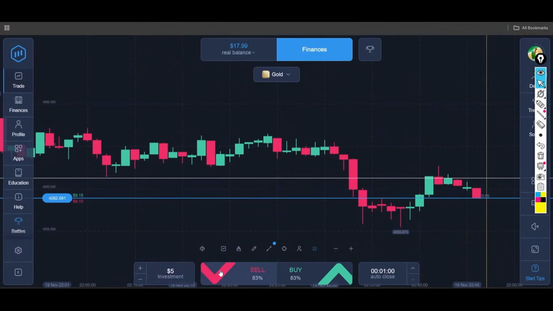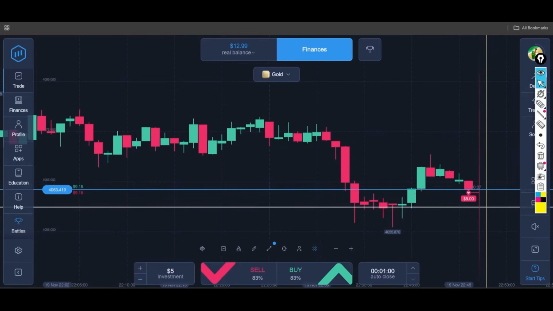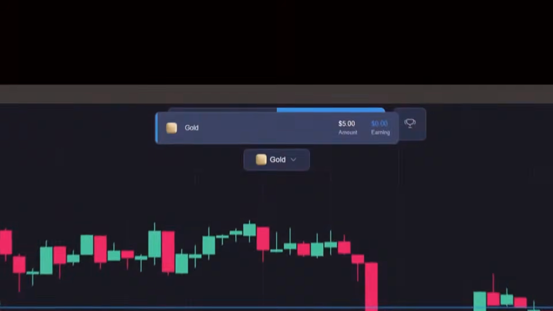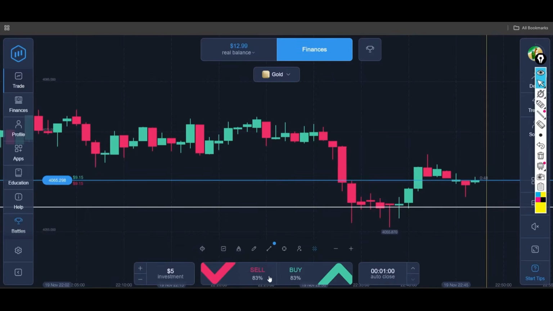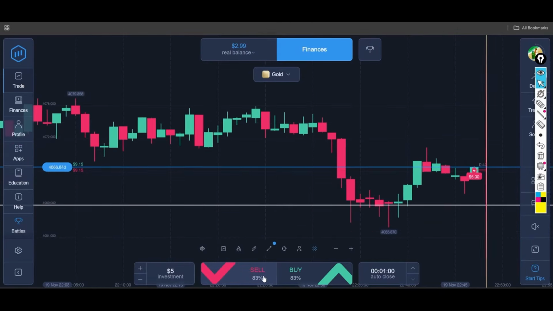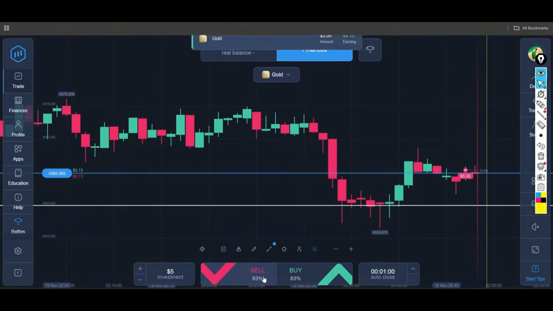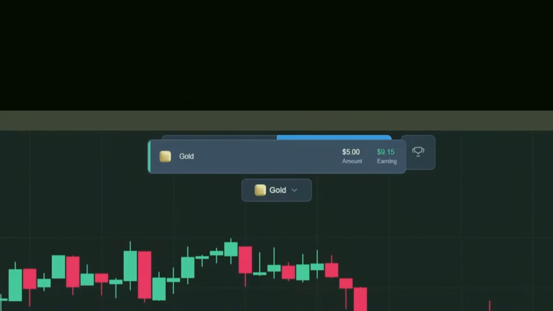Using the same strategy, I placed another $5 trade. Sadly, we lost that one. Since I lost the last trade, I will place two $5 trades using the Martingale strategy. I won both of those trades.